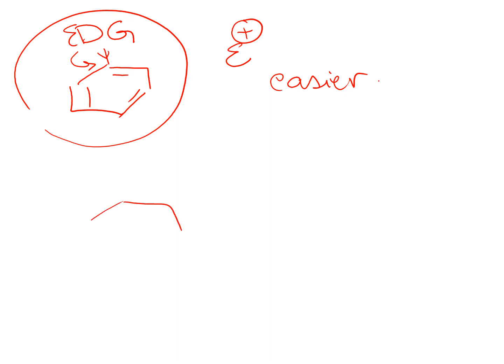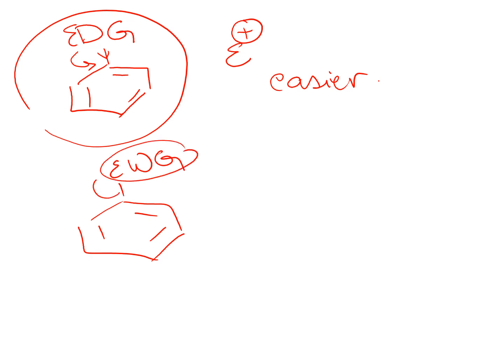On the other hand, if the ring contains an electron withdrawing group, then this means that this ring is not rich enough in electrons because it's already carrying something which is withdrawing the electrons, something taking the electrons away from it.